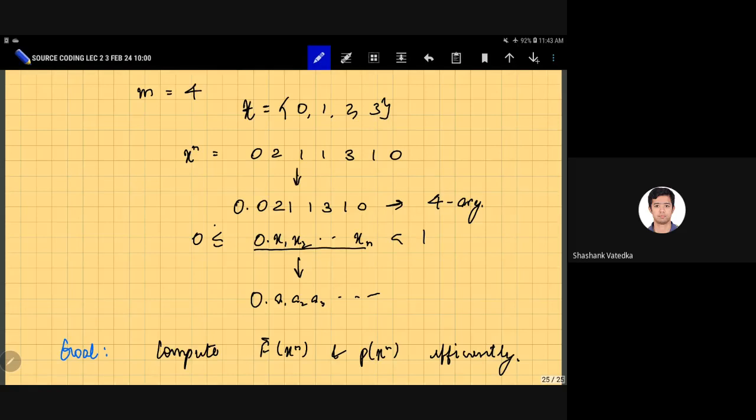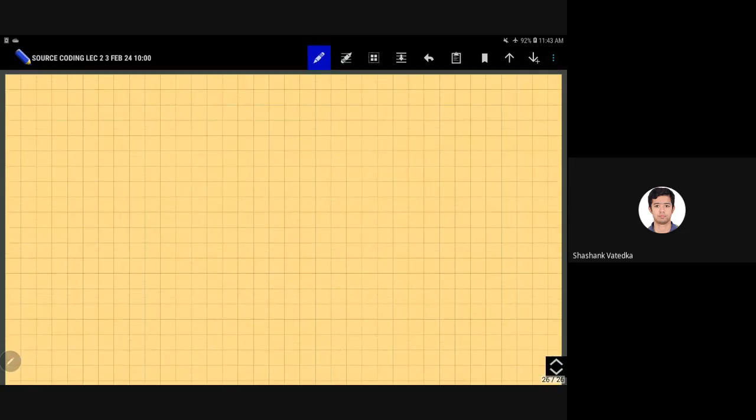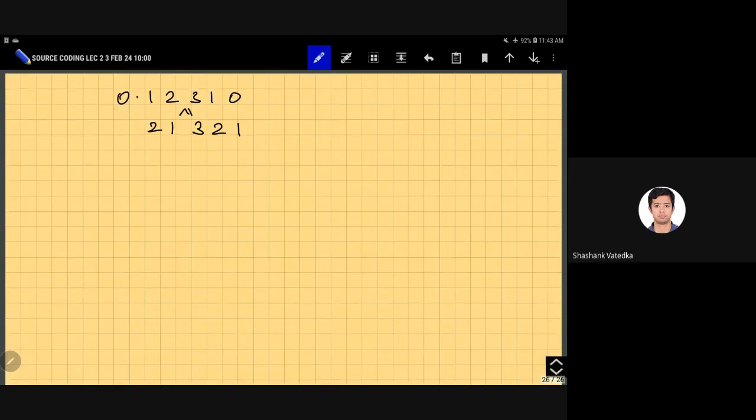If I have two sequences, say 1, 2, 3, 1, 0 and 2, 1, 3, 2, 1, I can say that the second is greater than the first because 0.12310 is less than 0.21321. So that is one reason.